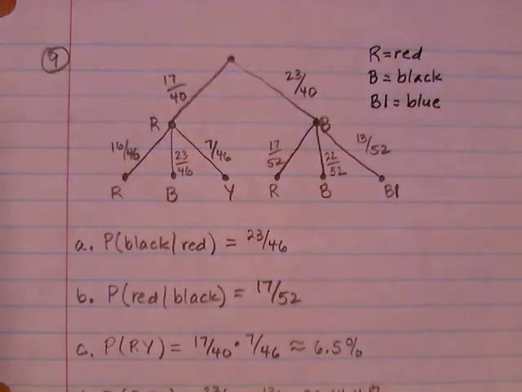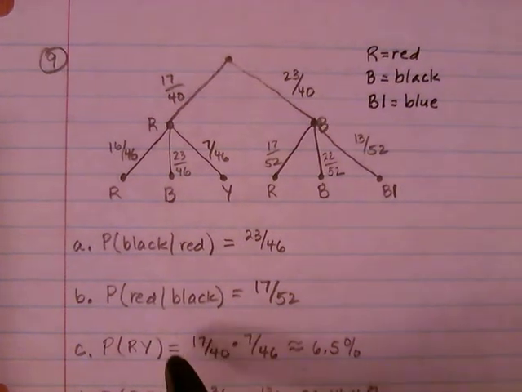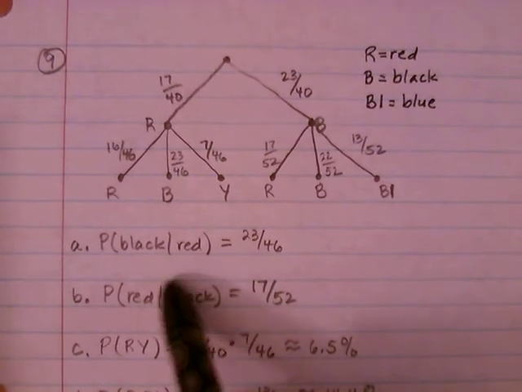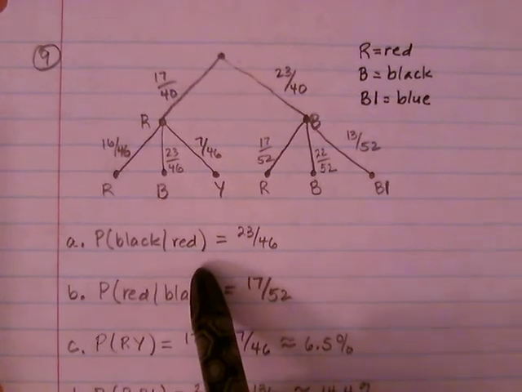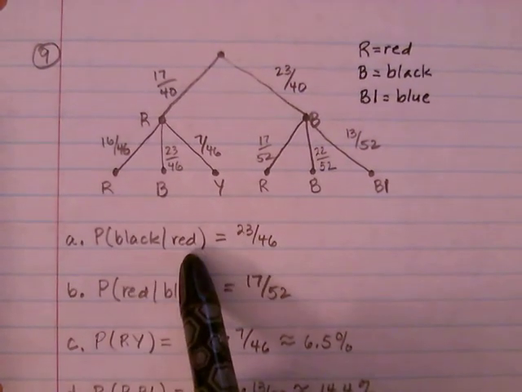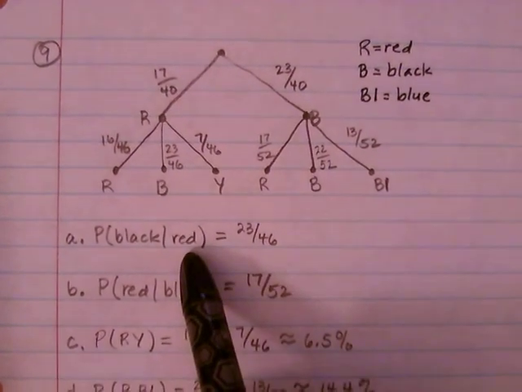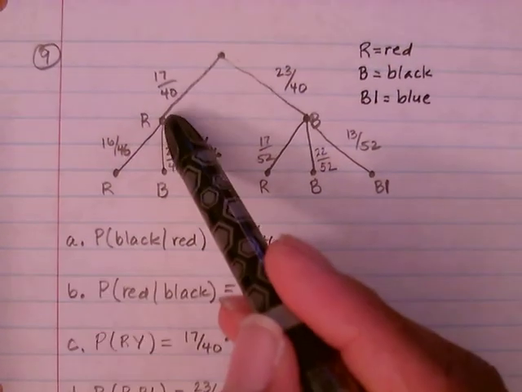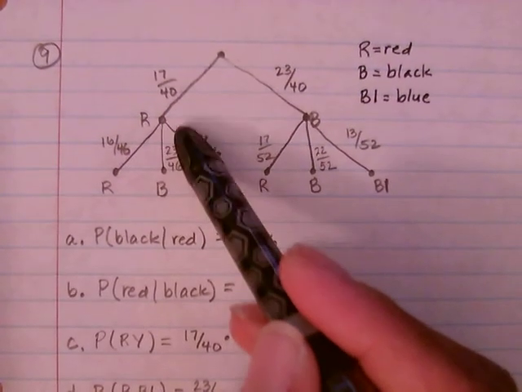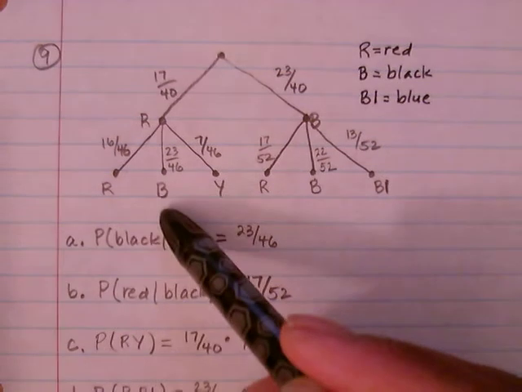So now to answer part A, the probability that the second marble is black, given that the first was red. That's this right here. Black marble, given that it's red. Well, if this is red, the probability of selecting a black marble would be 23 out of 46.